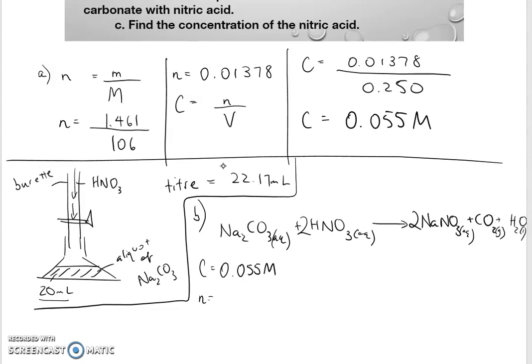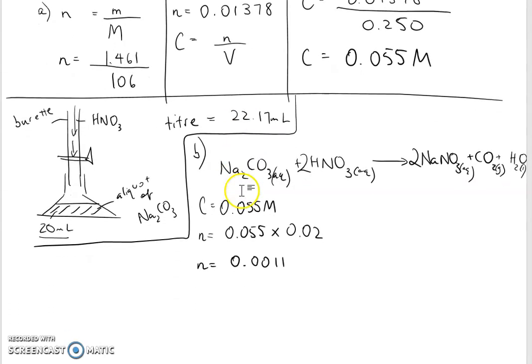So the number of particles in the aliquot, in other words moles, would be the concentration times the volume that I have in liters. So 0.055 times 0.02, moles is equal to 0.0011. And so that's the moles of the sodium carbonate reacting.